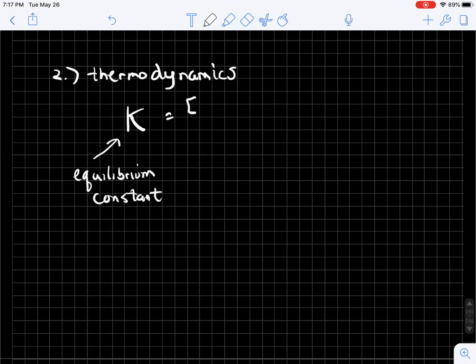Numerically, the equilibrium constant is equal to the concentration of your products over the concentration of your reactants at equilibrium. So for stoichiometry, we have almost 100% product yield, so K is infinity. It would be 100% over 0%, so you get undefined. Most reactions don't proceed that way, and we'll talk about that in a few minutes.